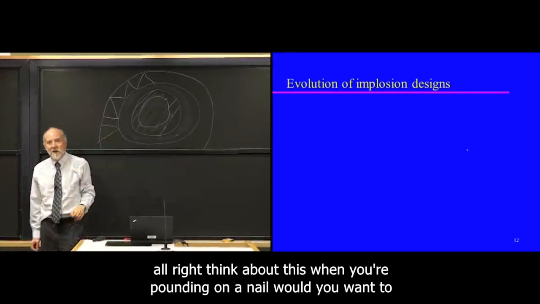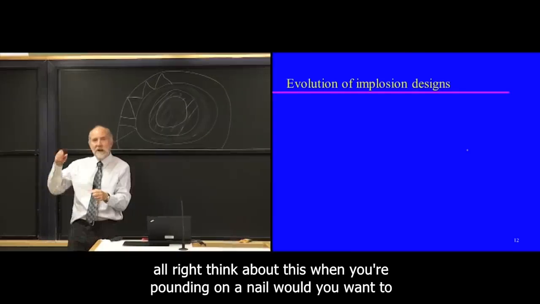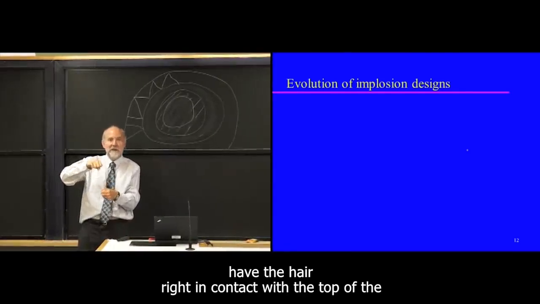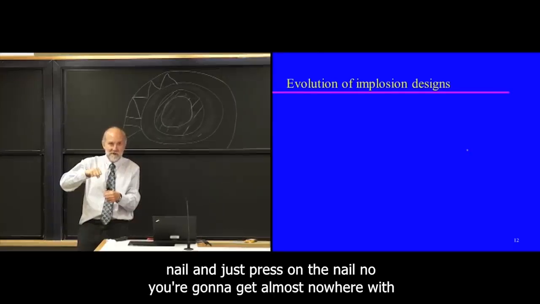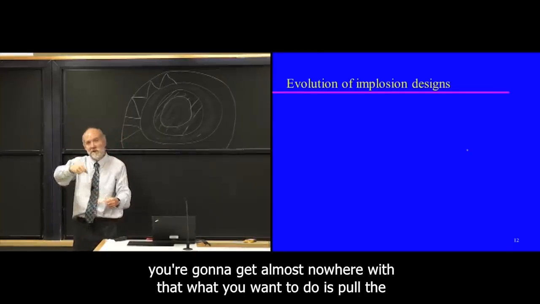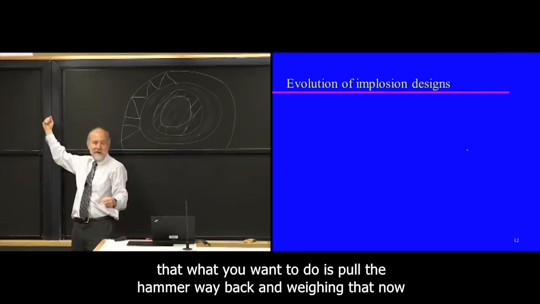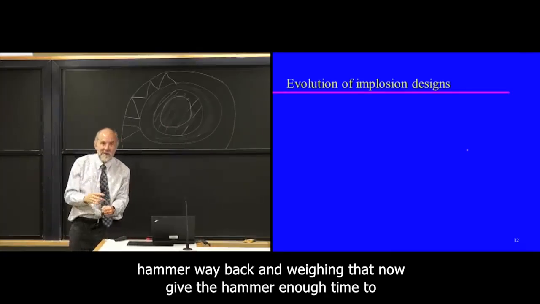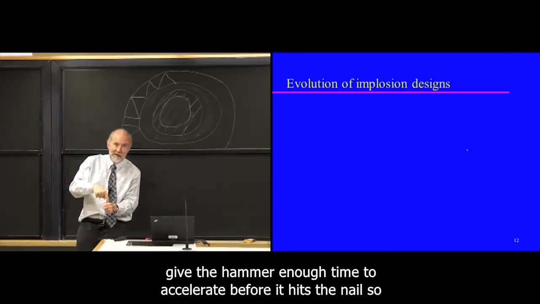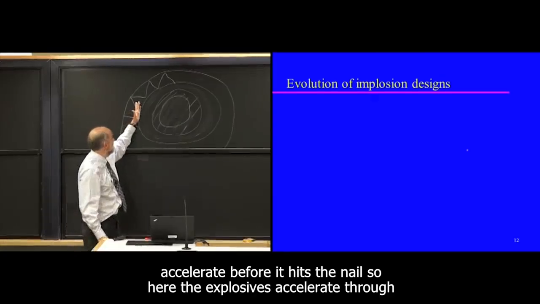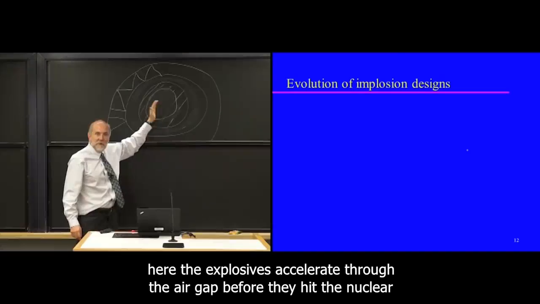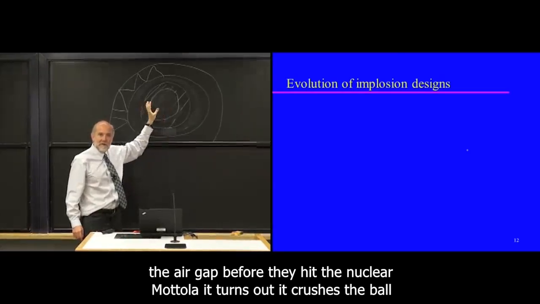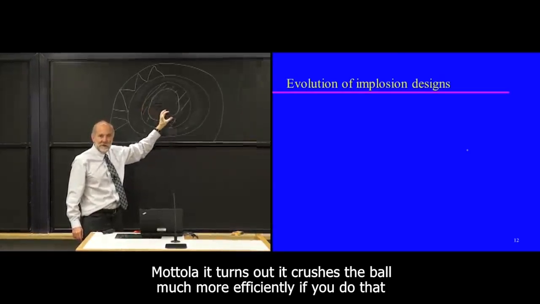When you're pounding on a nail, would you want to have the hammer right in contact with the top of the nail and just press on the nail? No, you're going to get almost nowhere with that. What you want to do is pull the hammer way back and whang that nail. Give the hammer enough time to accelerate before it hits the nail. So here the explosives accelerate through the air gap before they hit the nuclear material. And it turns out it crushes the ball much more efficiently if you do that.